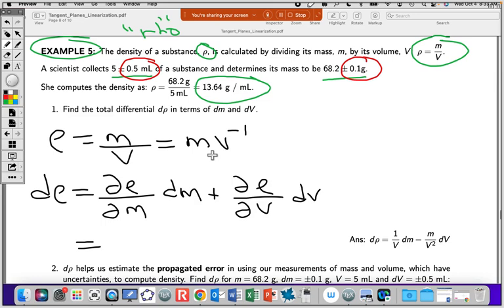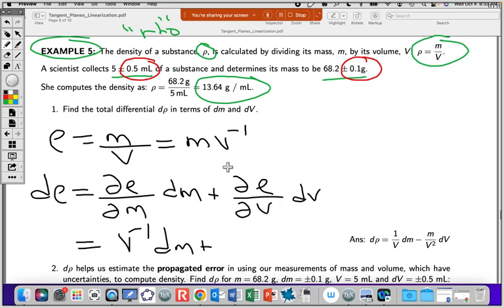So what's the partial derivative of rho with respect to m, treating v as a constant? Yep, 1 v to the minus 1 power. Good. It'll just be a v to the minus 1 dm.